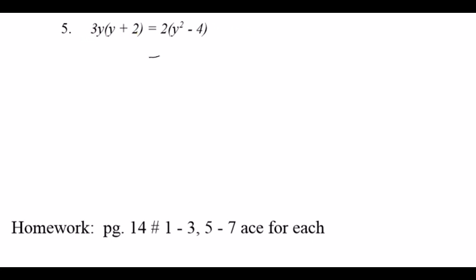So now, instead of having our 0 on the right, we're going to have it on the left. So we're going to have 2y squared minus 4. And now, instead of having 3y bracket y plus 2, we have minus 3y, y plus 2.